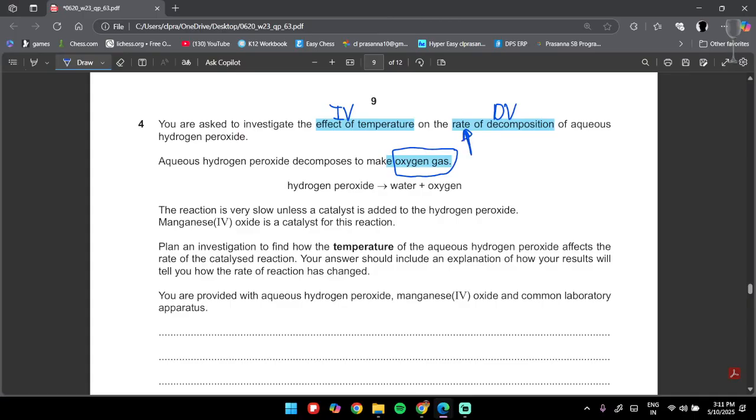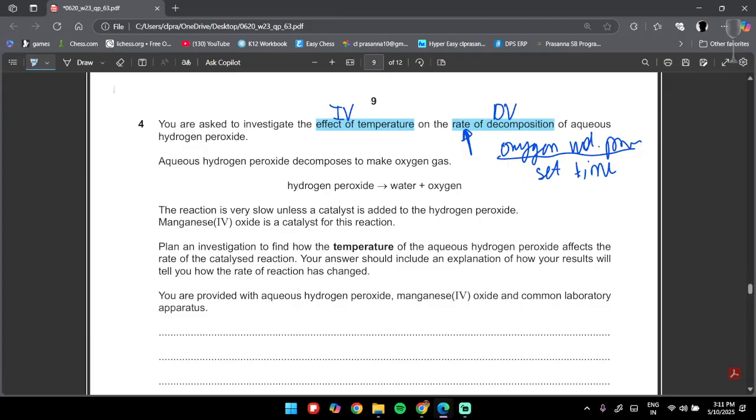Rate means something over a fixed amount of time. So that will become my dependent variable: oxygen volume produced over a set time. So this is what I'll be doing to measure my dependent variable.